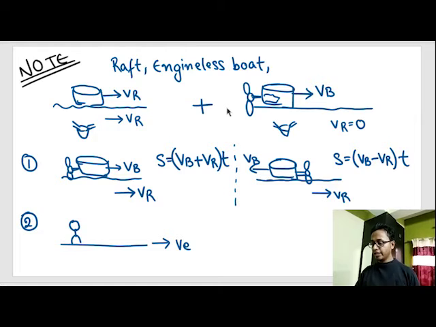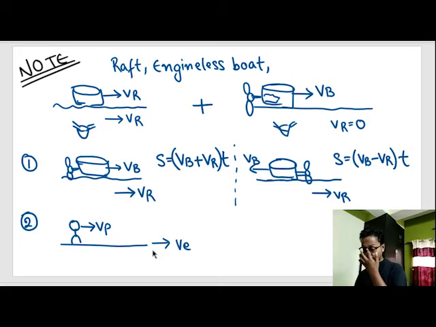But suppose the elevator was still and the person started moving with Vp. That represents the velocity of the person. Now if both are moving, the elevator is also moving and the person is also moving. The elevator is usually slanted, but I am showing it horizontal for convenience.